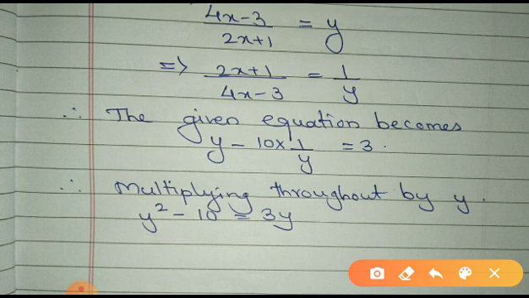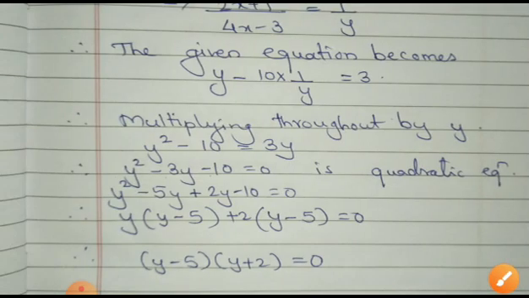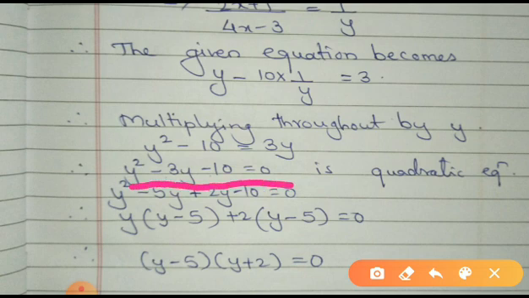Now can I multiply throughout by y, because y is at the denominator? Then you will get y square minus 10 equal to 3y. Rearrange it and see what my quadratic equation will be. It will be y square minus 3y minus 10 equal to 0. Now here they have specified to make use of the factorization method.